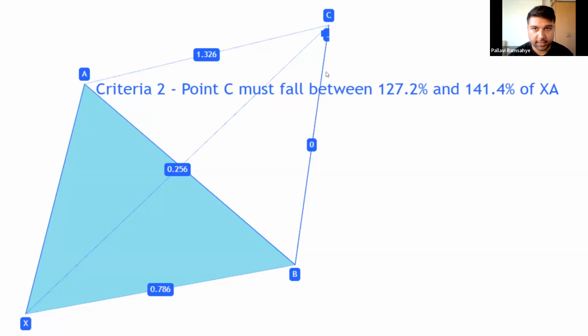Once we've met these two criteria, this is when we're looking to place our limits, because we're looking for price to come back down to meet the final criteria, the final point, which is D.